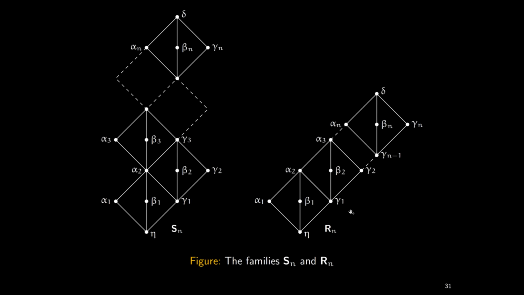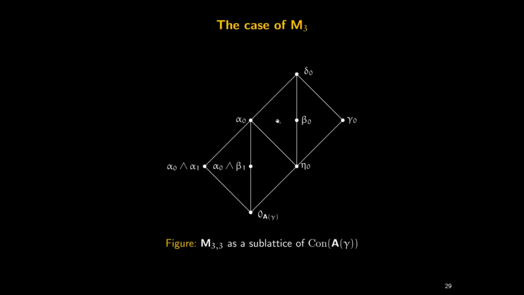The strategy to produce these lattices is not using only the second power, so it's not only considering A of gamma. With A of gamma, you start by attaching the first one, and then to attach further copies of M3, you have to consider a bigger power of the original algebra.